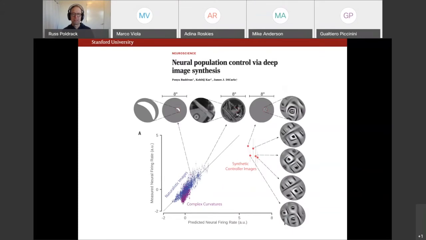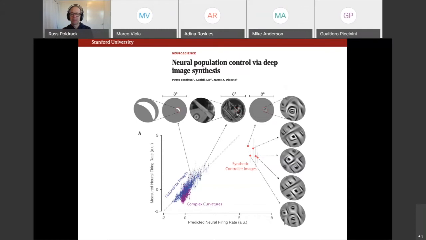You can even take this one step farther and start to do the kind of thing that Chris Olah does with his neural networks. This is some really amazing work by Jim DiCarlo's group, Pouya Bashivan, where they have a monkey looking at images, and then they use a neural network to predict what the images would be that would cause a particular neuron to activate most strongly.